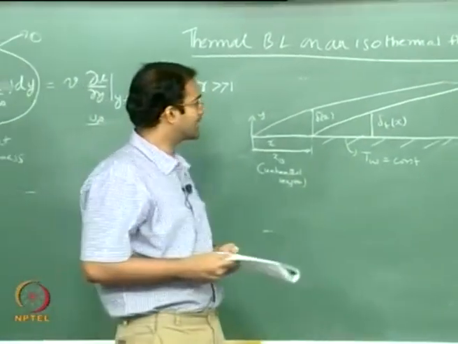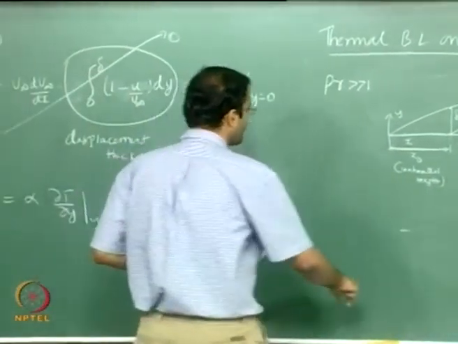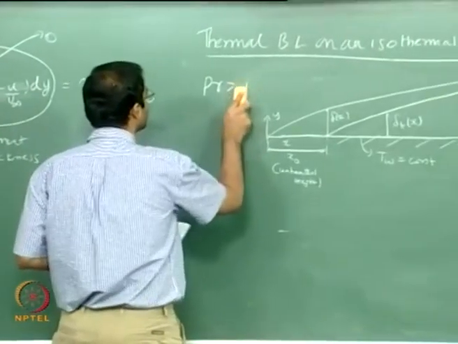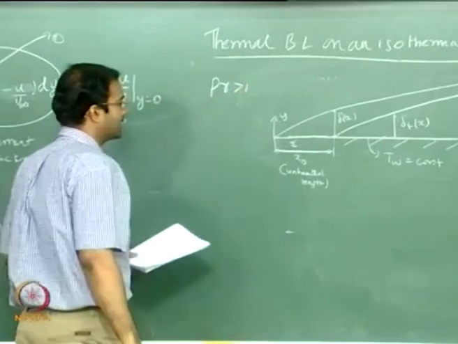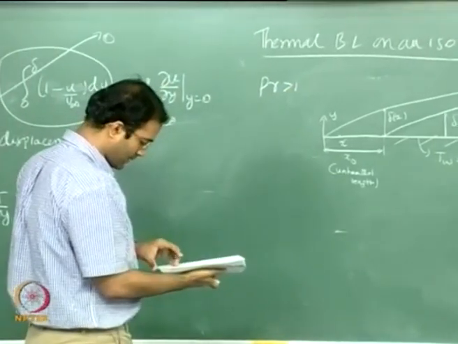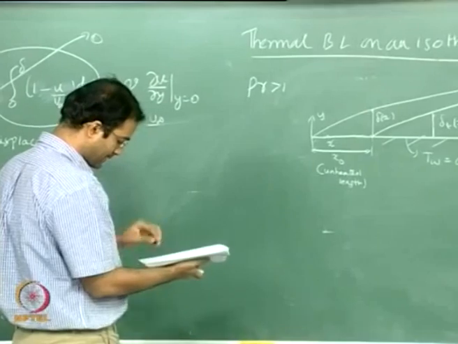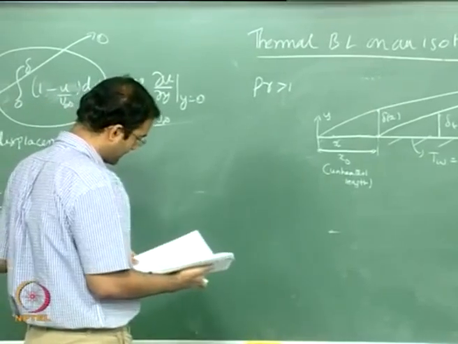So right now we will consider a case where your Prandtl number is greater than 1. We can also use the integral method for the other case where your Prandtl number is much lesser than 1, but we'll start with this particular case.